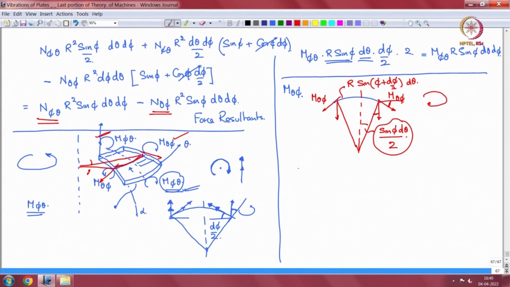So what I will get is m theta phi into r d phi, which makes it a full moment, into sine phi d theta by 2, that is for each moment, multiplied by 2, and a minus because this is causing rotation in the opposite direction.